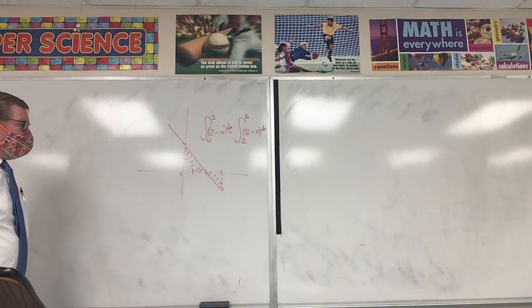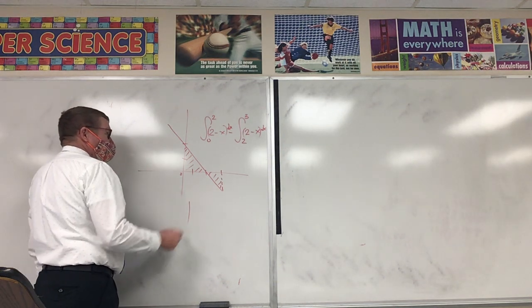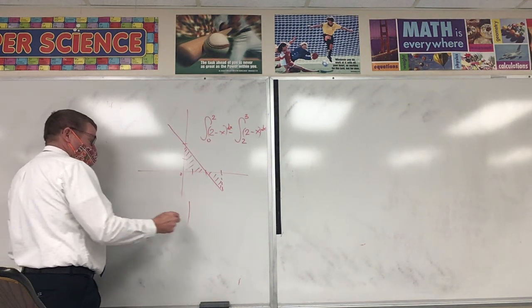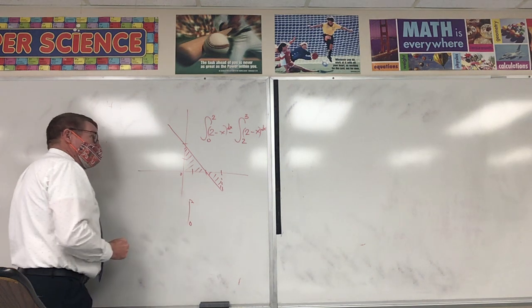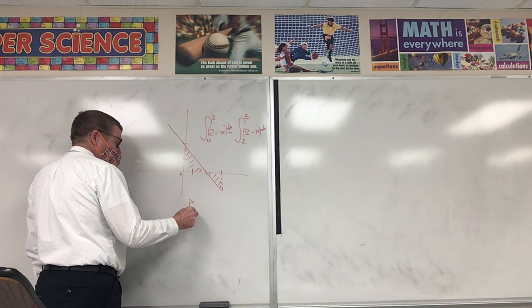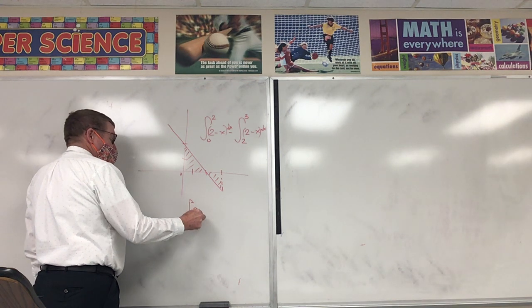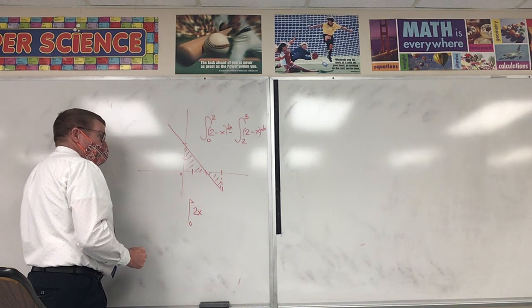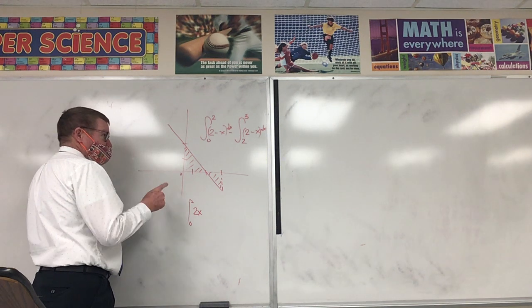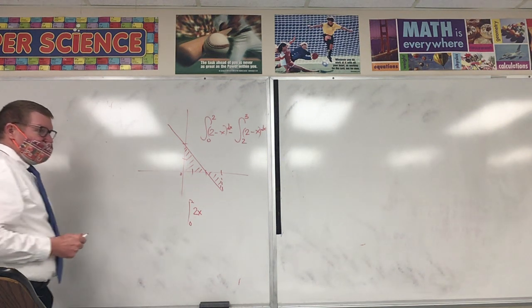I need to make sure I have this written correctly. Those are derivatives. So I need the antiderivative of 2 minus x. I said that wrong.